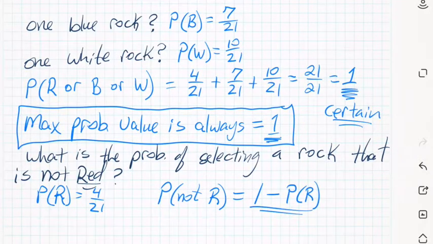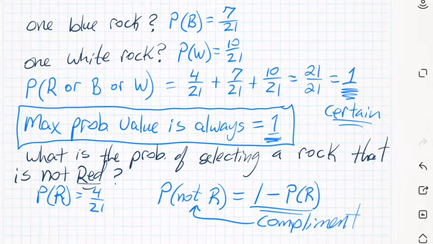This is known as a complement. Finding the probabilities of a complement. The complement, of course, being not red, so you're going to go 1 minus the probability of red. So this would equal 1 minus 4 out of 21, which if you got a common denominator of 21 over 21 and you subtracted 4, you would end up with 17.